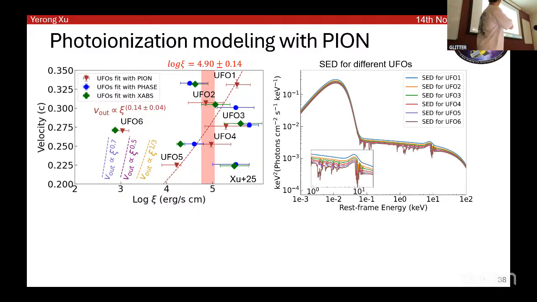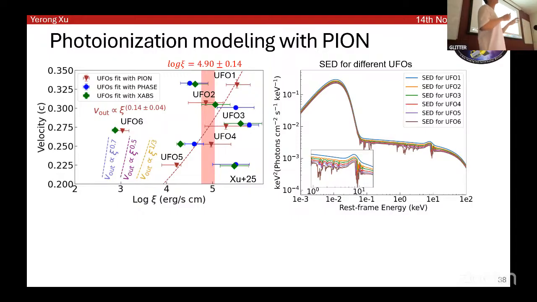It has a stratified distribution in the outflow velocity versus ionization parameter diagram, and you can see the results. The more realistic analysis is marked by these red triangles, and they are stratified.